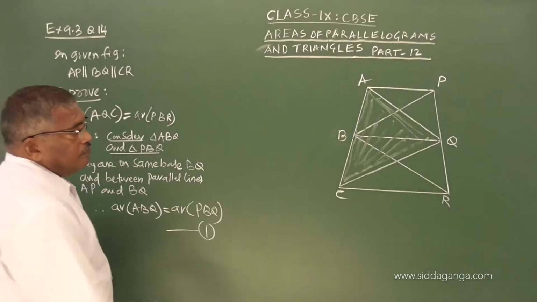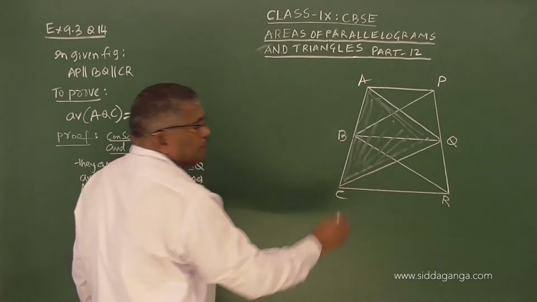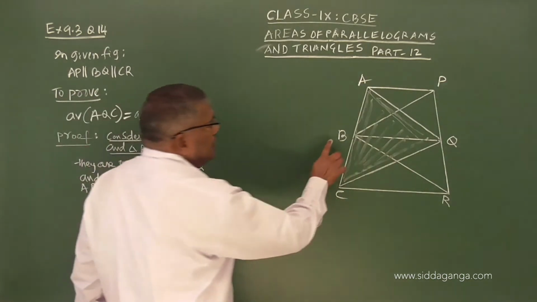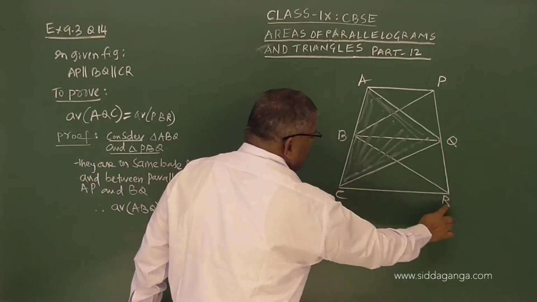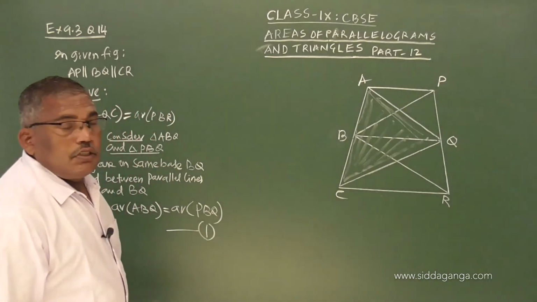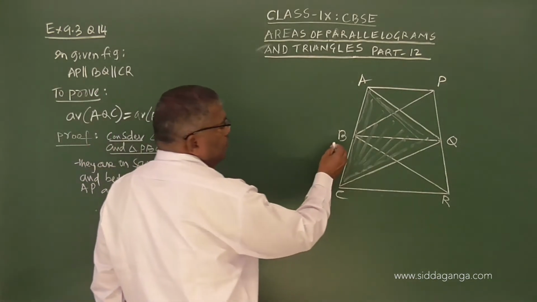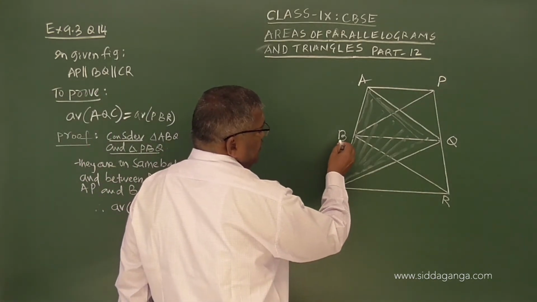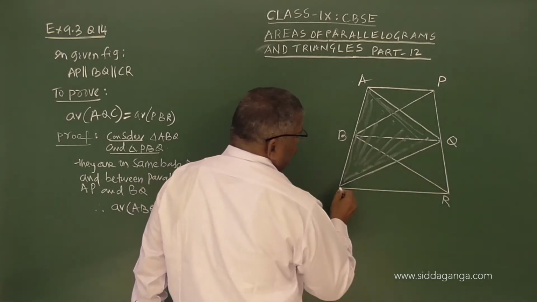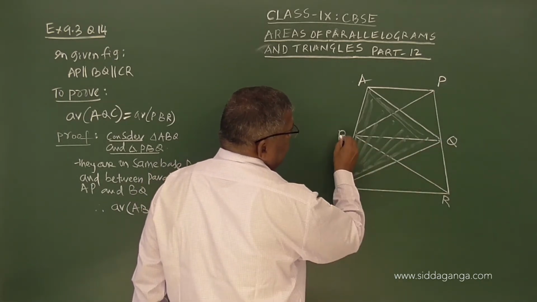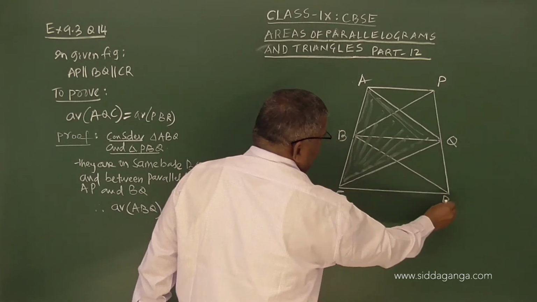Now, come to the lower part of this diagram, BQRC. In this you have two triangles BQC and BQR.